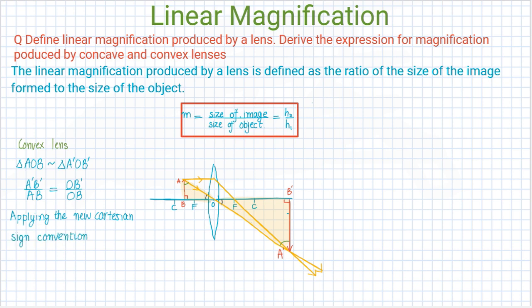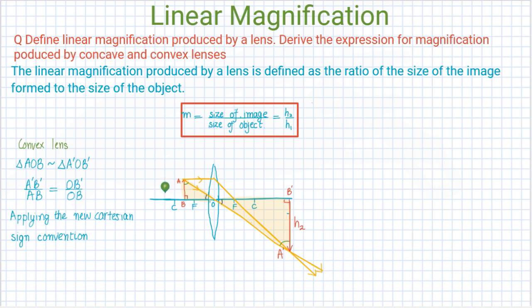So consider your side A dash B dash, or I'll say B dash A dash. This represents the height of the image, so this is H2. Similarly, AB represents your object height, so this is H1.